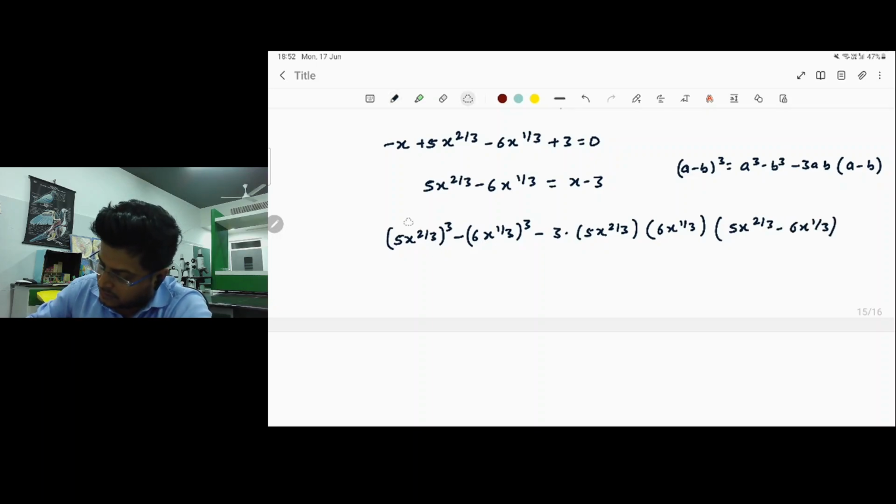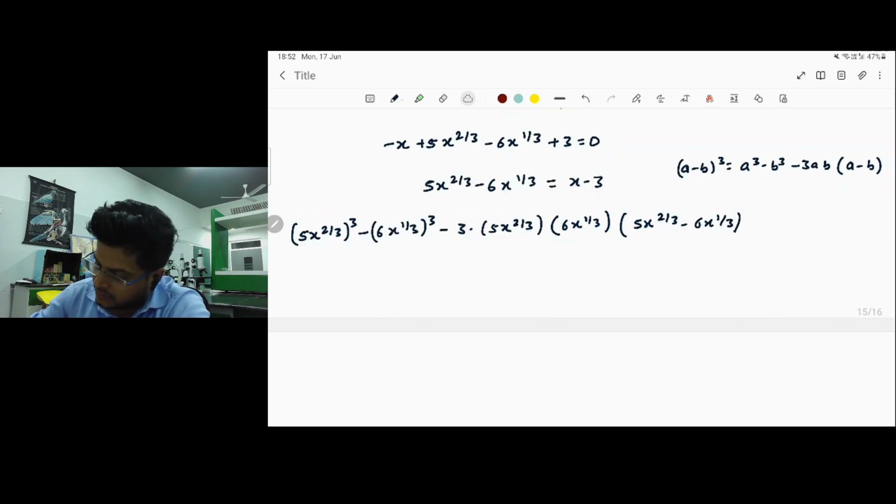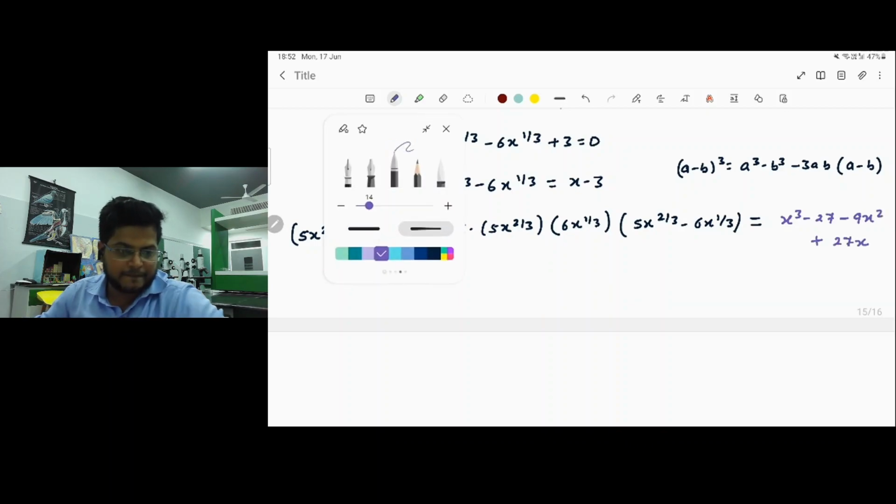This is just the left hand side. This is the left hand side is equal to the right side, which is x minus 3 whole cube, which is a cube minus b cube minus 3a square b, so which will be 9x square, and plus 3ab square, which will be 27x. Right?